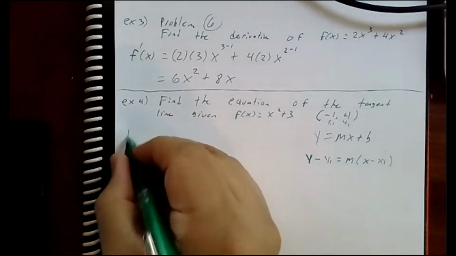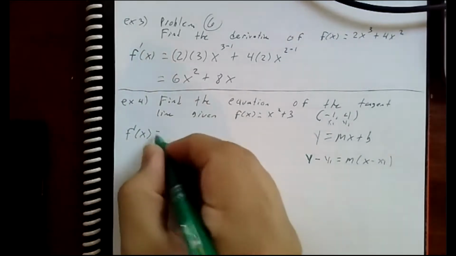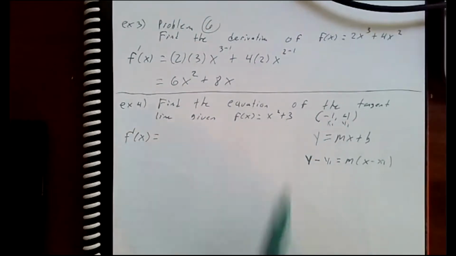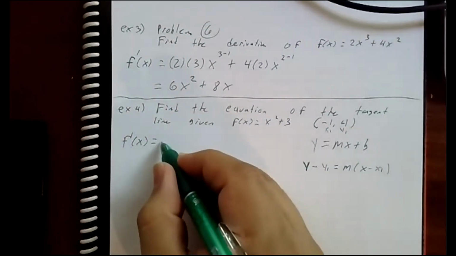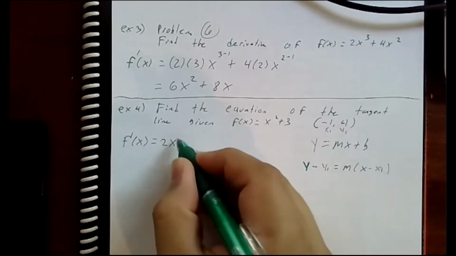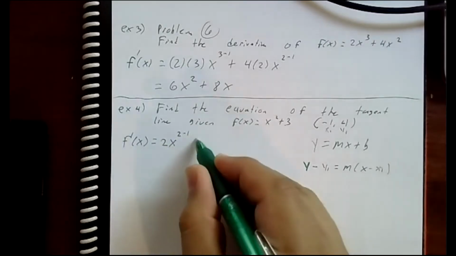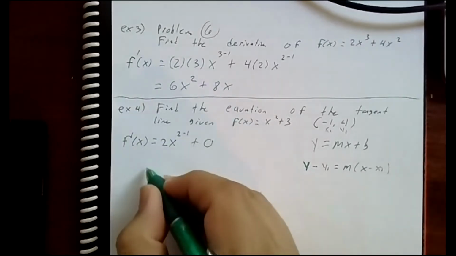So what is the derivative? It's x squared plus 3. Derivative of x squared, you have to bring the 2 down and that constant becomes a 0, right?